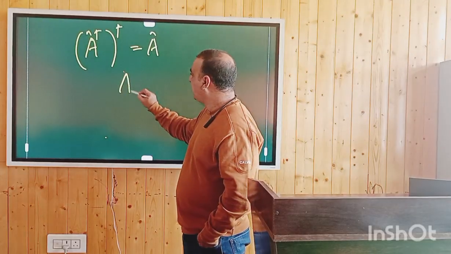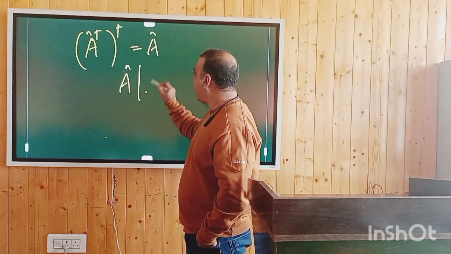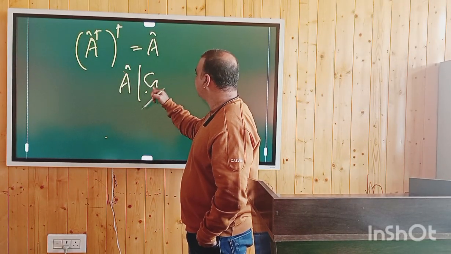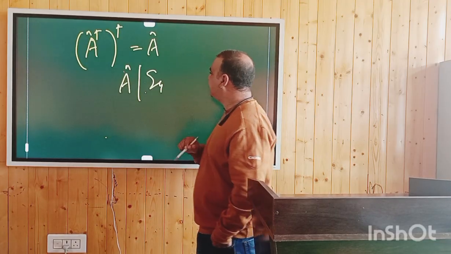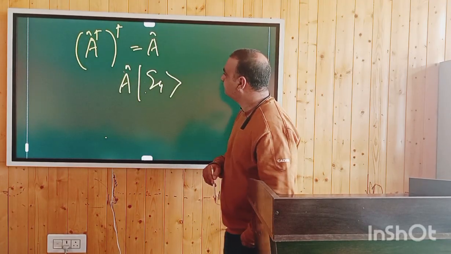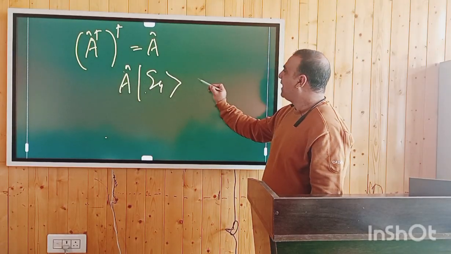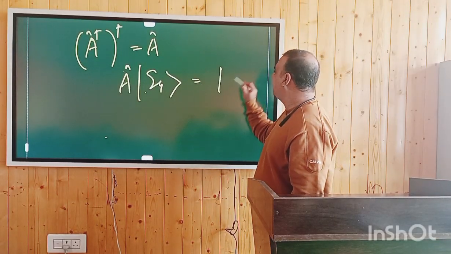You have an operator A. Suppose it acts on the state zeta, and say you get a state phi.